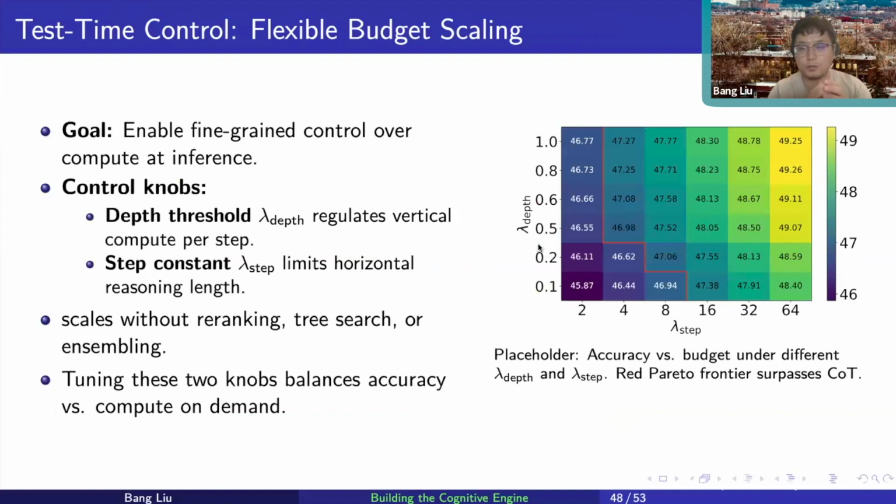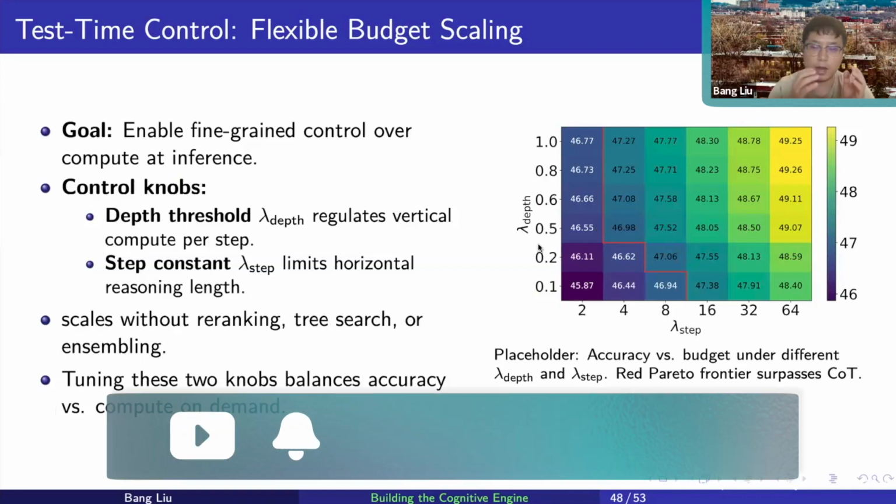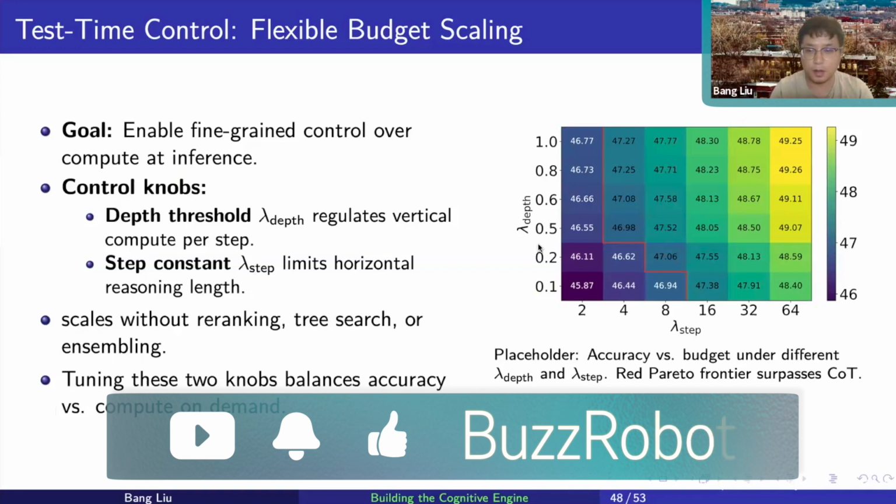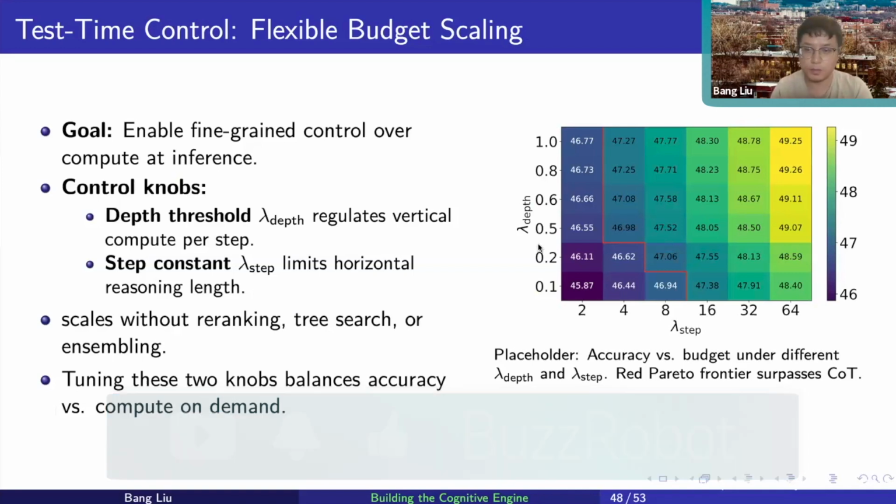If your output confidence is higher than this lambda depth, it means, okay, I already know the answer, I can early exit. So by combining the data labeling and this threshold, we can fine tune the model to know when I can early exit, when I can do more reasoning, or when I can do fast reasoning by horizontal shortcut.